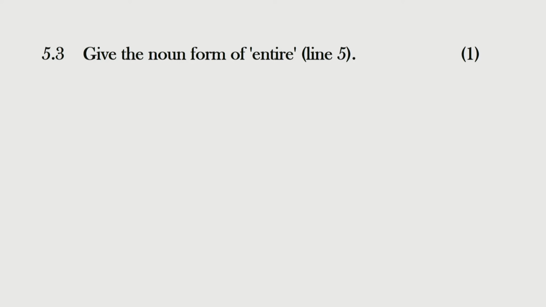Now here you are taking entire, which is an adjective, and you must convert it into a noun. This, unfortunately, or well, I can't say unfortunately, it's just the way it is. The noun form of entire is entirety. It's complicated. It's not a commonly used word.